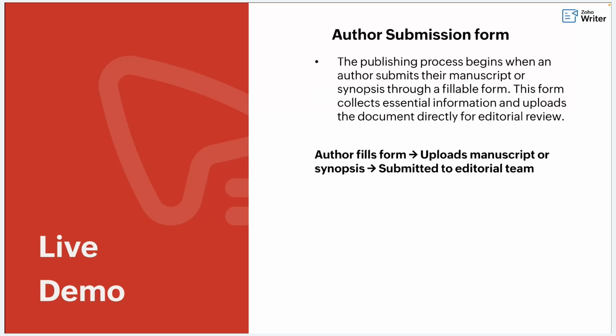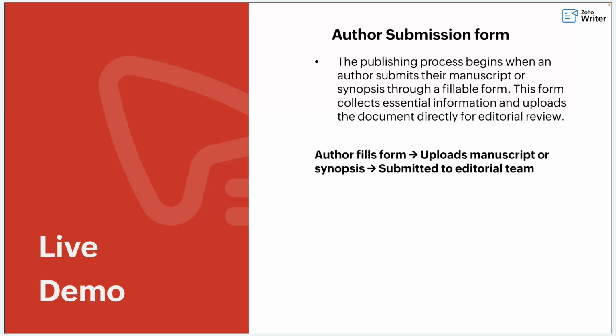So now let's say we are working with a publisher who accepts new manuscripts or story proposals online. Okay, so the first step is for the author to fill out a submission form that captures all the essential details, which are the name, contact information, the title, the genre of their work, and a short synopsis.